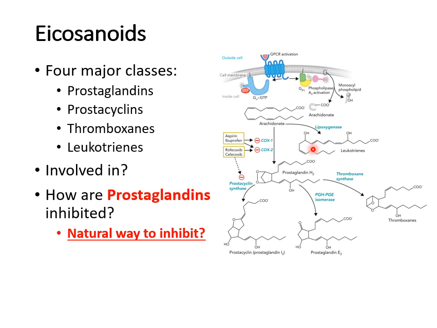Now, there are natural ways to block the formation of certain prostaglandins and of thromboxanes. And the main one is eating high omega foods like salmon. So, omega 3 fatty acids block prostaglandins and thromboxanes, and in doing so, they also block or prevent clotting issues and prevent heart attack and strokes and issues like that.